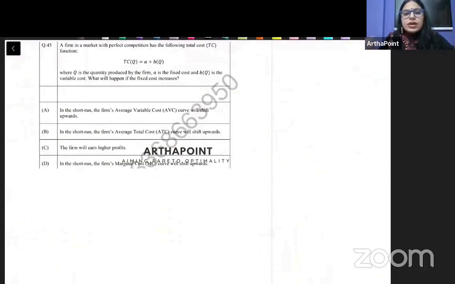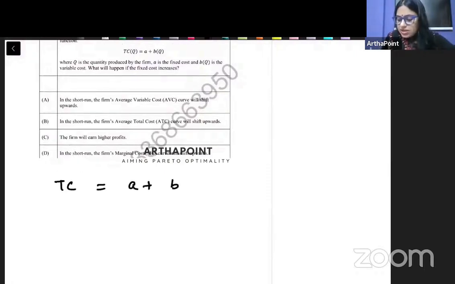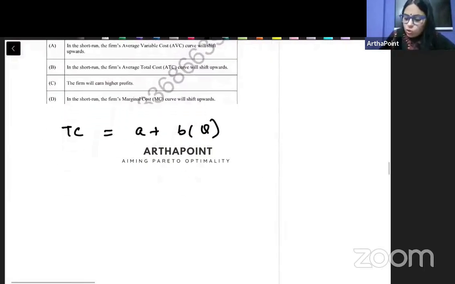Okay, read this question. A firm in a market has the total cost function which is given by A plus BQ. What will happen if the fixed cost increases? Now first understand this carefully. This is total cost.